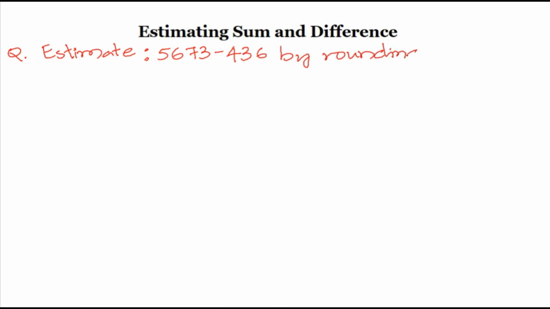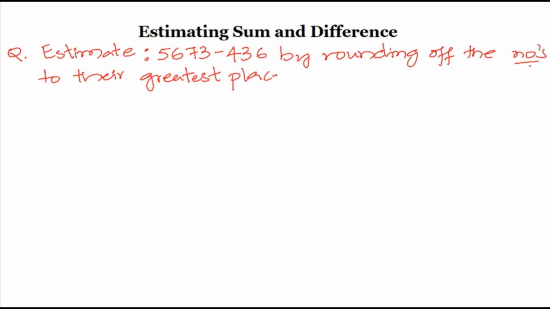The question now is, estimate 5,673 minus 436 by rounding off the numbers to their greatest places. Also find the reasonable estimate.